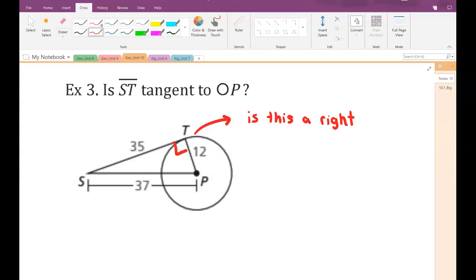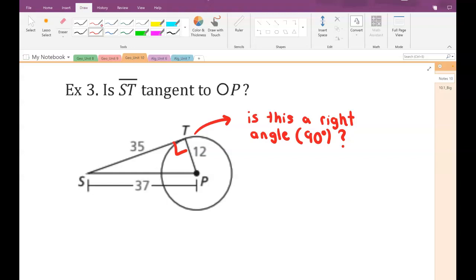Or is it equal to 90 degrees? Because if it is equal to 90 degrees, then we know it's a tangent. If it's not 90 degrees, it's not a tangent. Because we have our radius, we're looking to see if it's perpendicular to our radius.